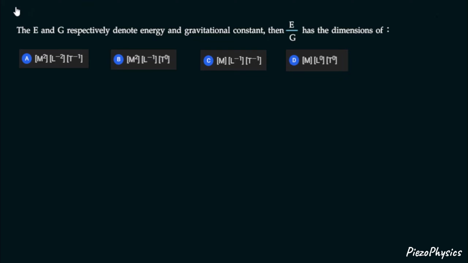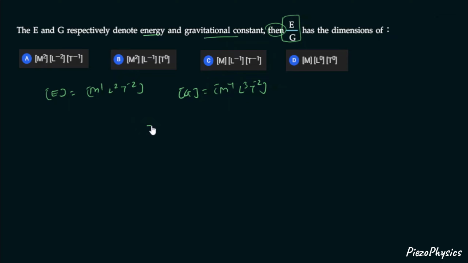Our second PYQ: if E and G respectively denote energy and gravitational constant, then E by G has dimension of... As we know from our previous lectures, the dimension of energy can be written as M1 L2 T minus 2, while the dimension of gravitational constant is M minus 1 L3 T minus 2.